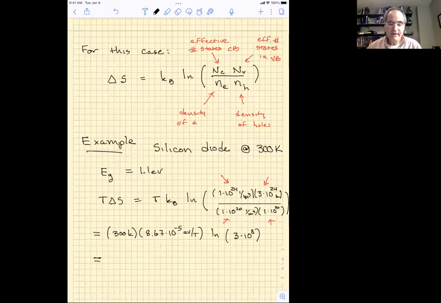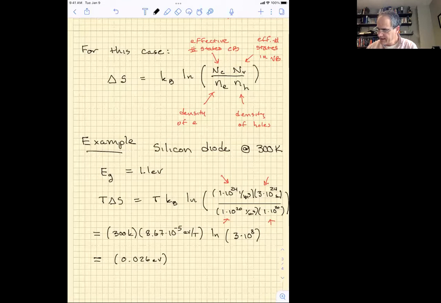Very good. And now we just use a calculator to figure out the answer. So 300 times 8.67 times 10 to the minus 5 is 0.026 electron volts. That's kT at room temperature, a useful number to have in the back of your head.